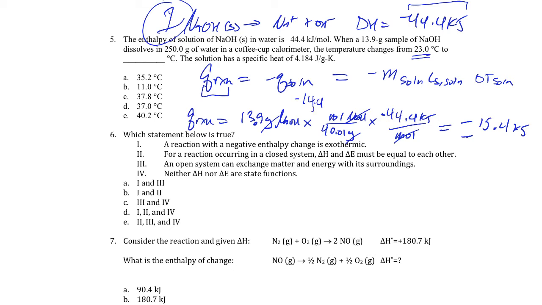So let's say 15,400 joules. And the negative is equal to minus m c s delta T. And so that would be minus 15,400 joules. So the minus sign here cancels. So our final temperature has to be higher. The solution should be warming up, which makes sense because this is an exothermic reaction, should warm the solution.